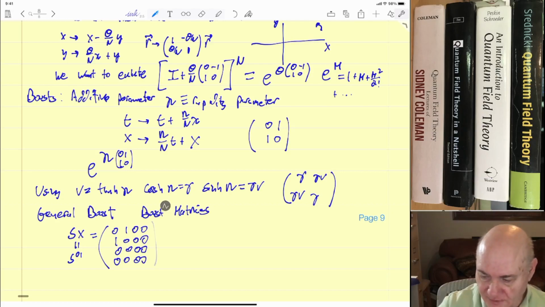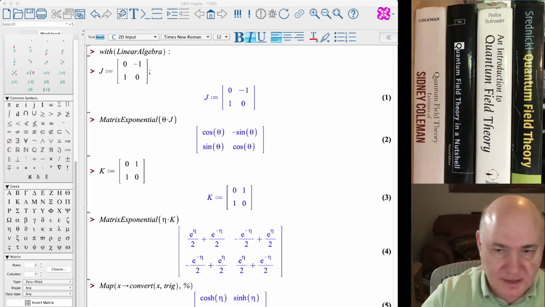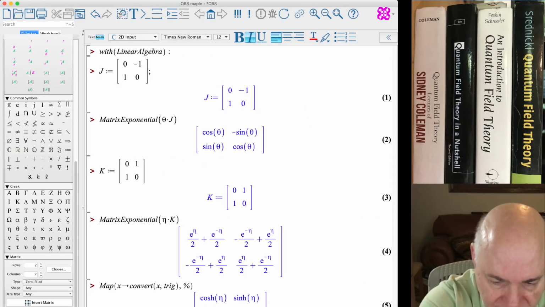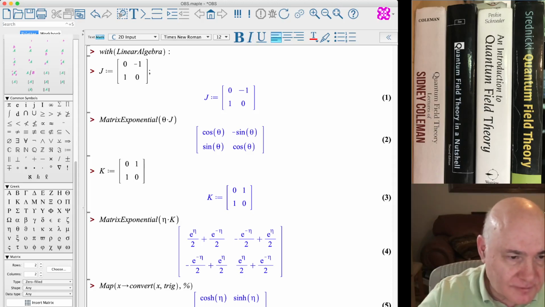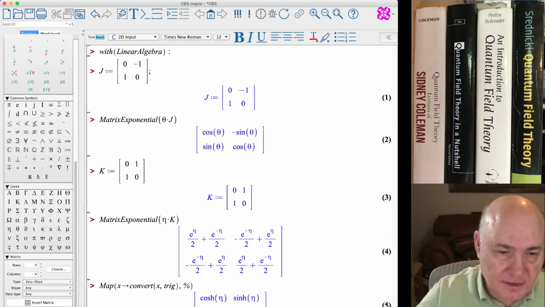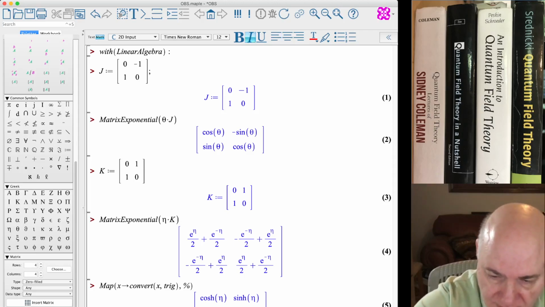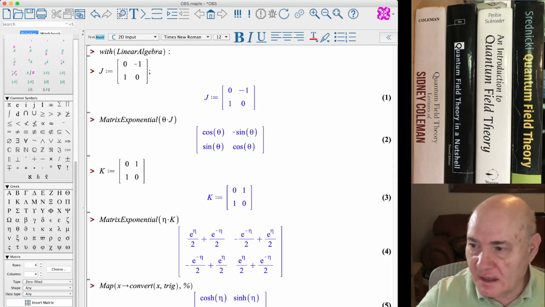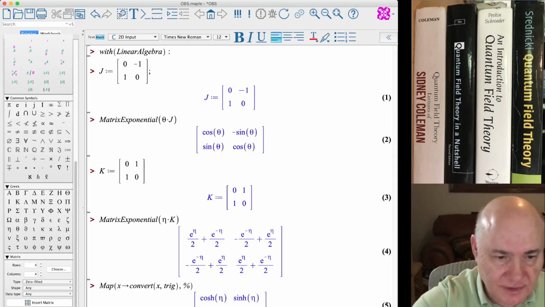And I'm going to do this directly on the Maple and save some time here. So let's define S01. Now we have a 4x4 matrix, and we want this to be a 1, and we want this to be a 1, and I want to suppress the output.